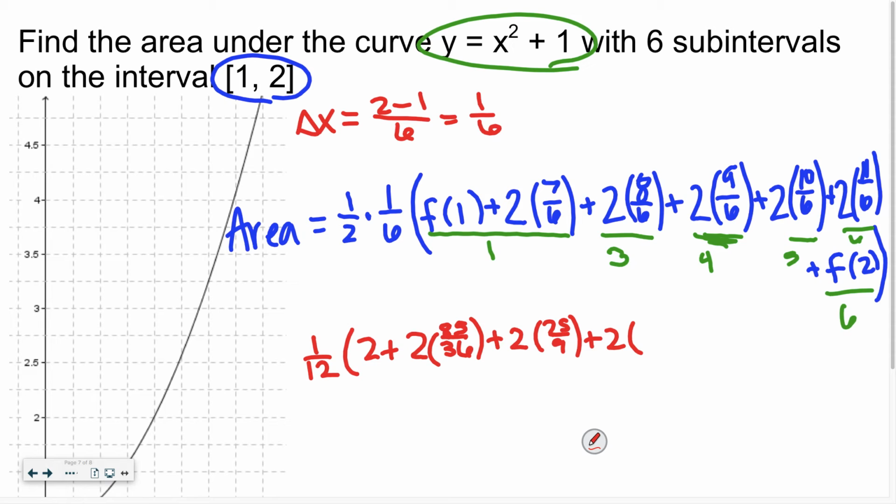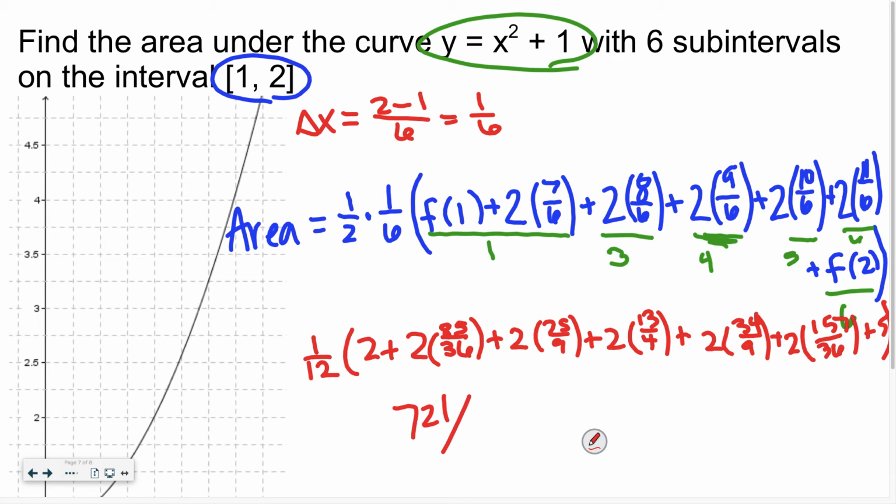Would you get 13/4. f of 10/6. f of 11/6. Yep. And then f of 2. So we end up with 721/316, but you can go ahead and just say this is 3.338.